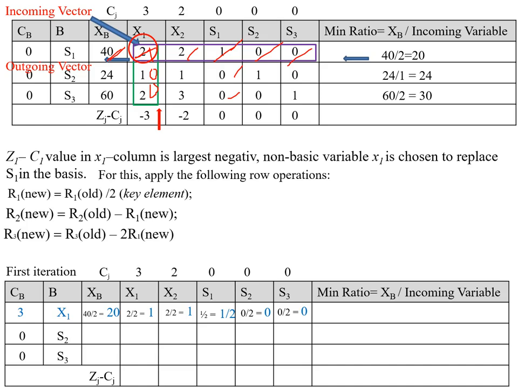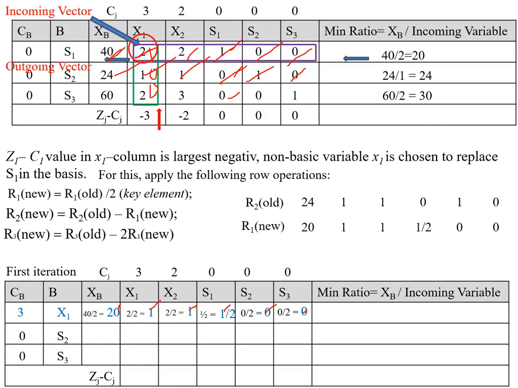Next we look at the second row operation, R2 new equals R2 old minus R1 new. R2 old elements are 24, 1, 1, 0, 1, 0. And R1 new elements are 20, 1, 1, 1 by 2, 0, 0.